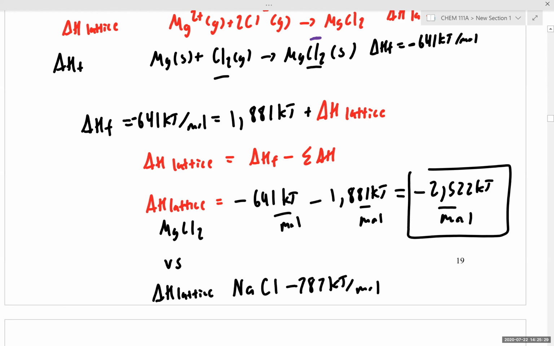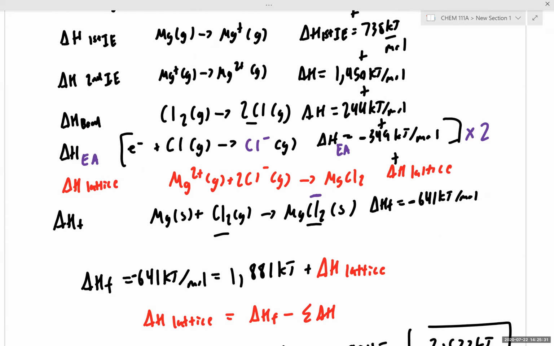Yes, exactly right. We only had to alter our electron affinity because it was describing the electron affinity for one chlorine atom when we needed two chlorine atoms. Yes, if the others didn't match up, we would alter them as well.